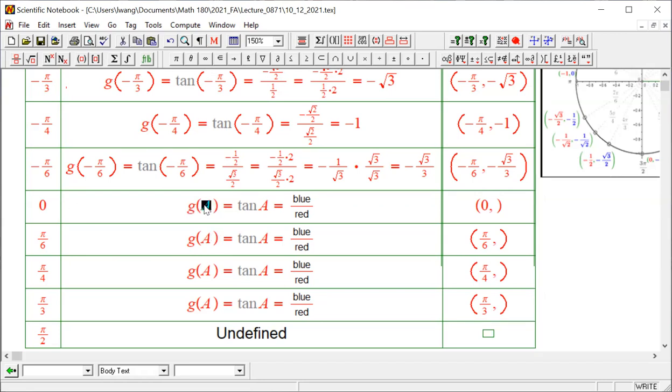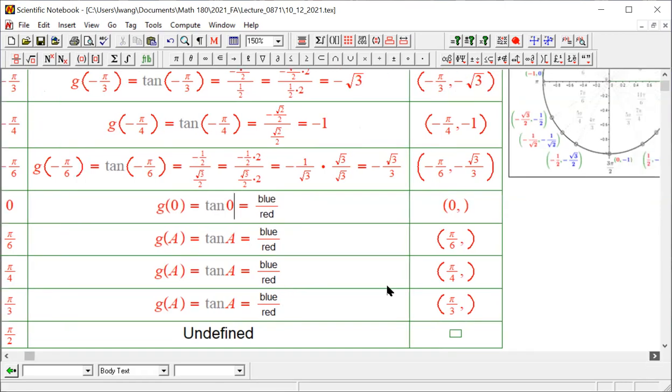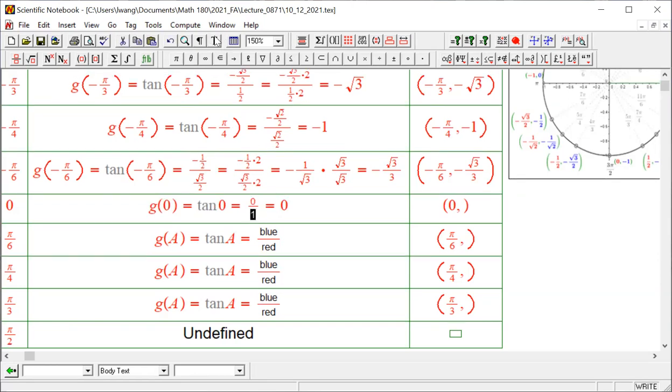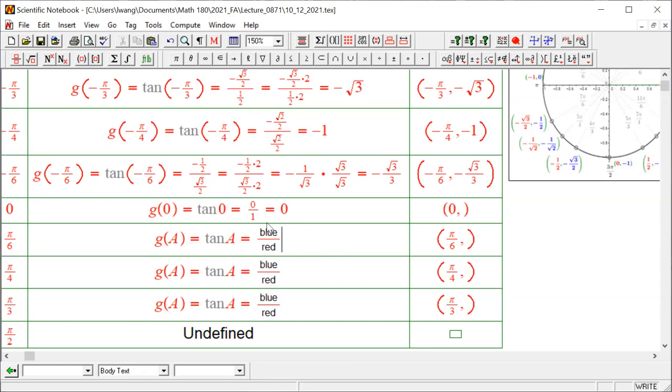So at 0, the blue number is 0. The red number is 1. So that equals 0. 0 divided by 1 is 0. 1 divided by 0 is undefined.